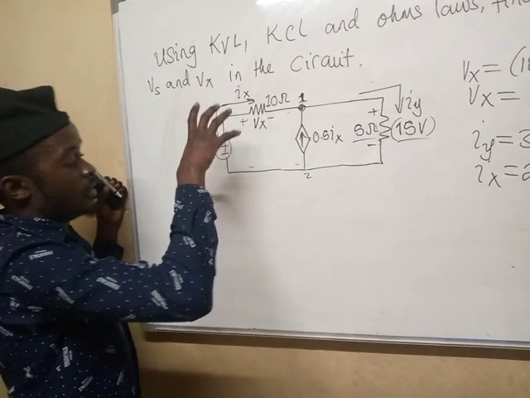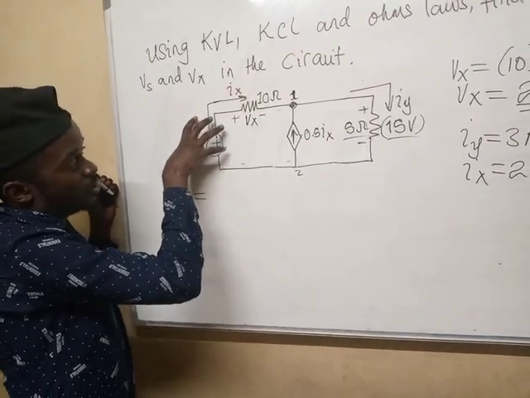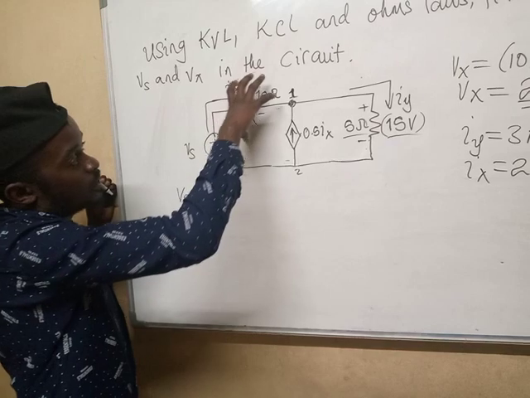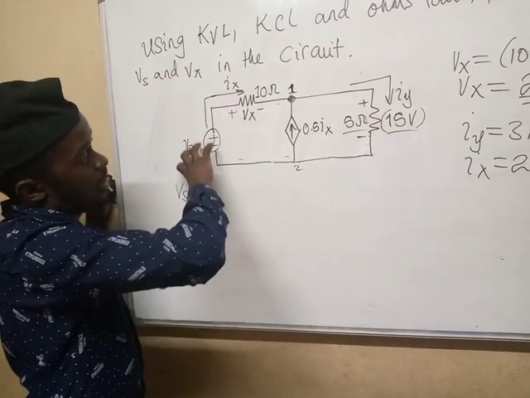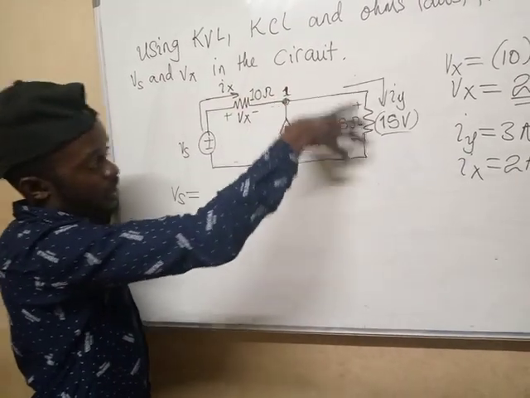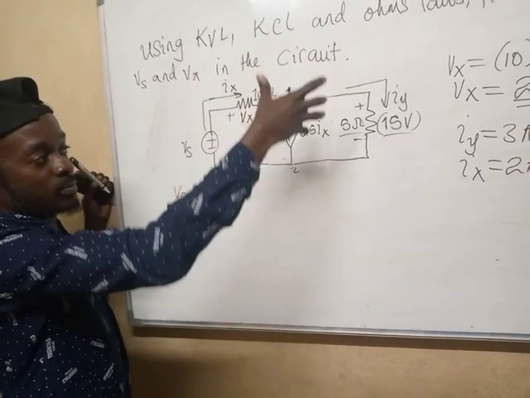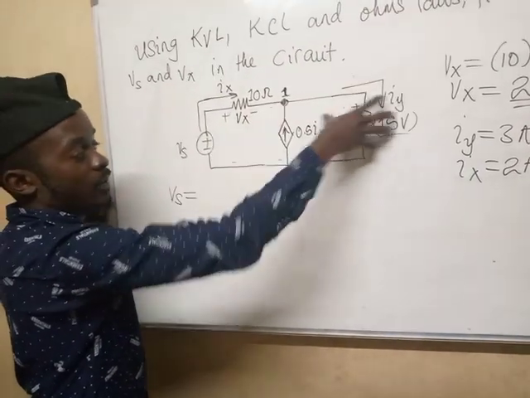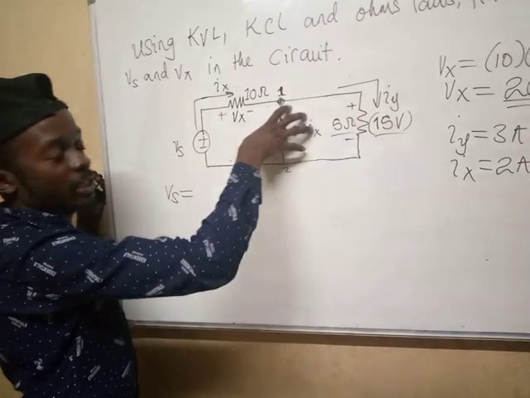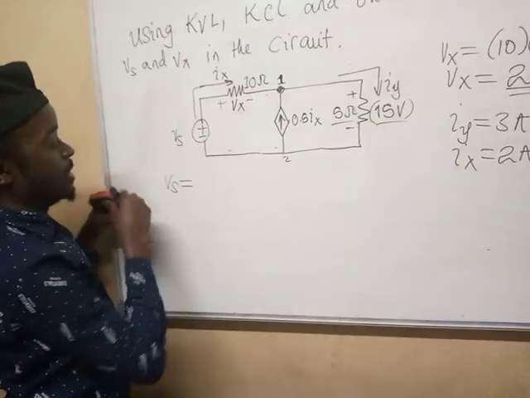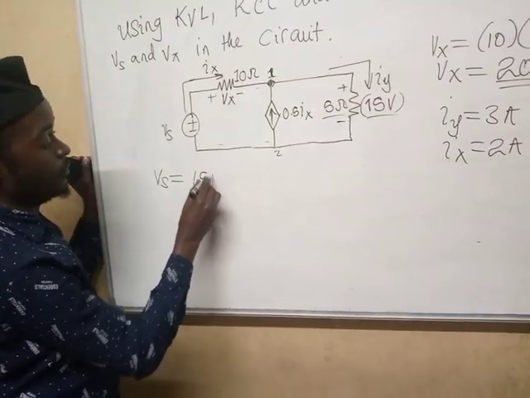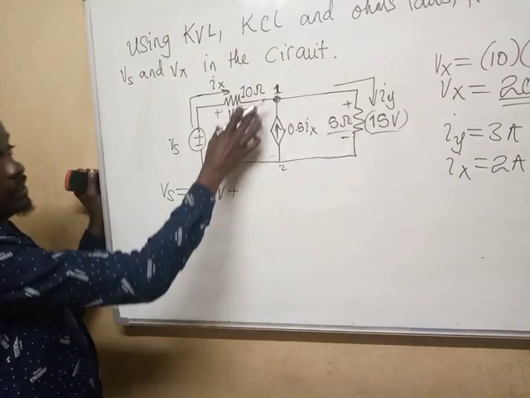So the voltage across the voltage source is simply the voltage across this series arrangement plus the voltage across this parallel arrangement. But in parallel, we have equal voltage. So we are saying we have 15 volts plus Vx.